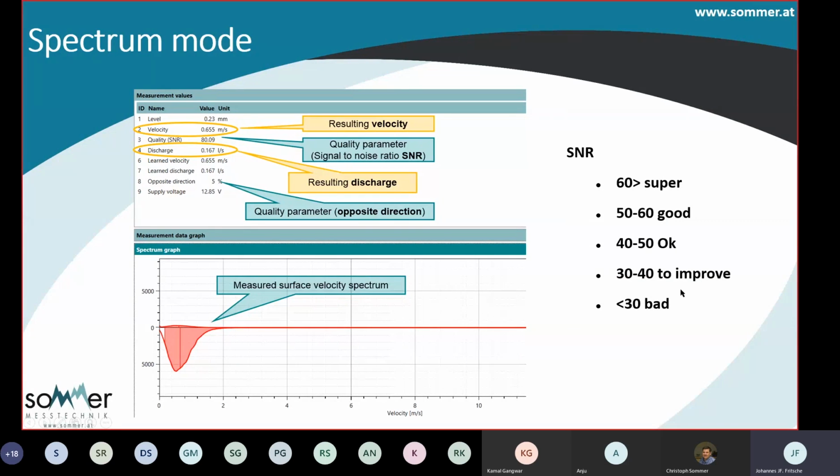If you read values below 30, then you definitely need to make some adaptations on the measurement in your installation site.